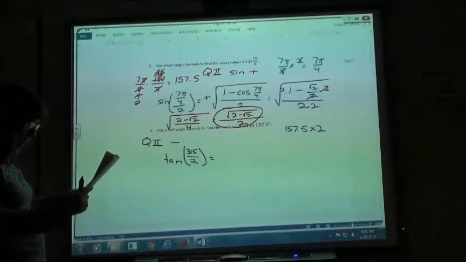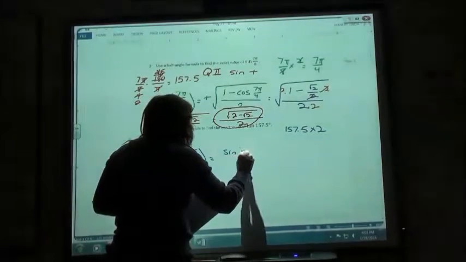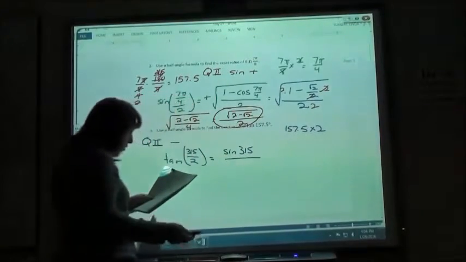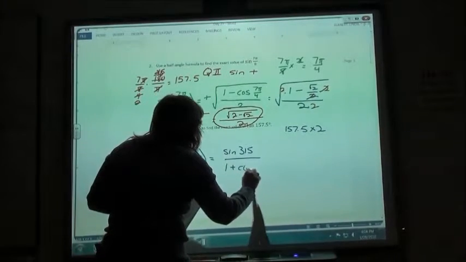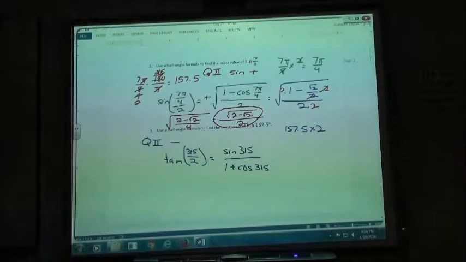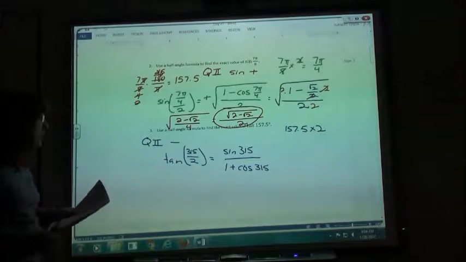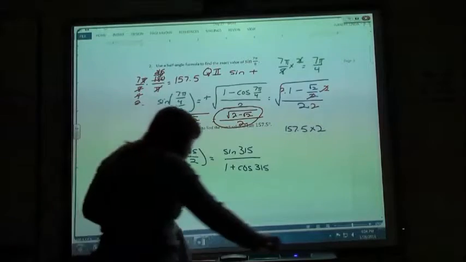I decided that I would use the one that was the sine of 315 over 1 plus the cosine of 315. If you remember, you had 3 different formulas you could use for the tangent. That's the one I picked out to use. So I have to look at both the sine of 315 and the cosine of 315.